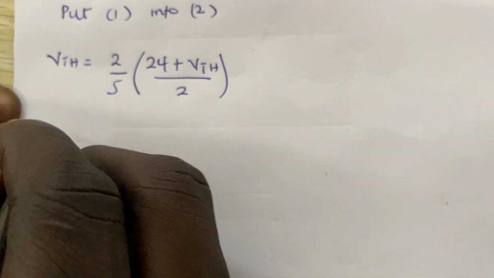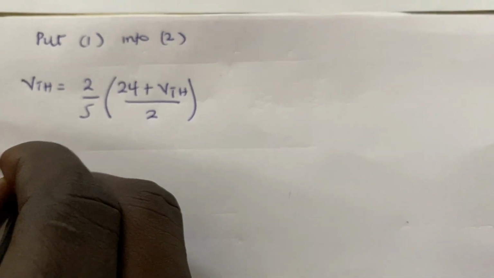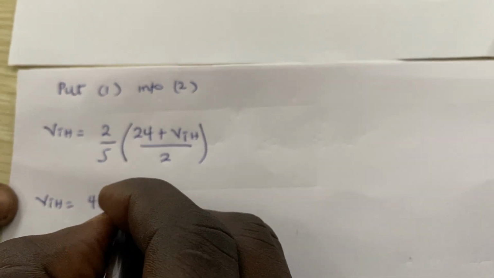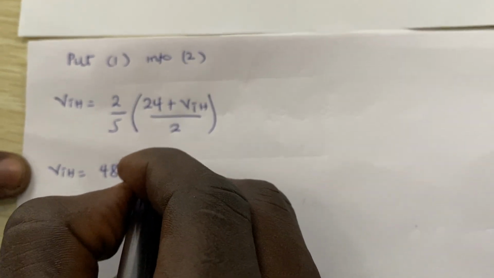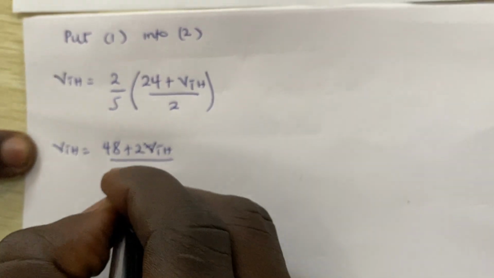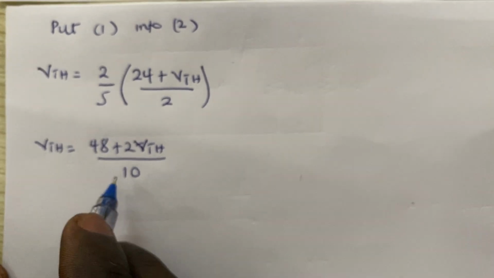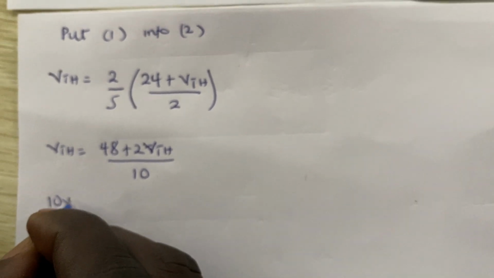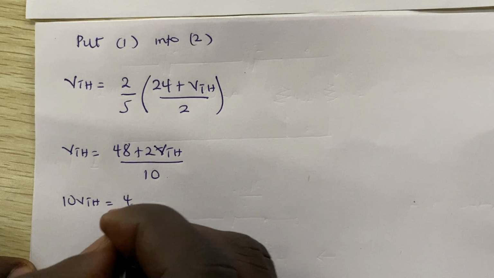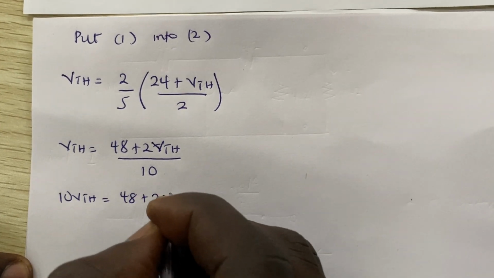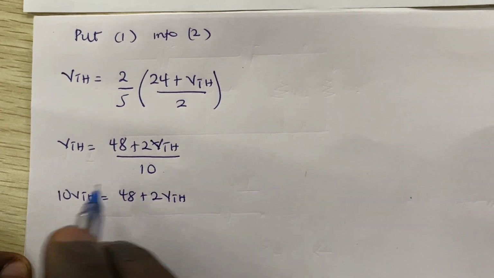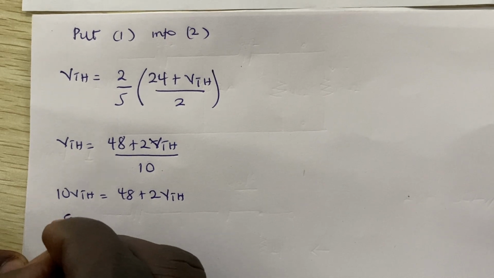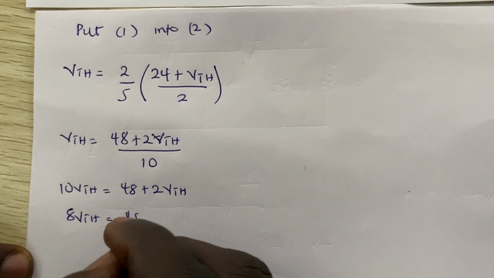And multiplying this, we are going to get VTH is equal to 48 plus 2VTH divided by 10, right? We cross multiply this to get 10 VTH is equal to 48 plus 2 VTH. Now we can subtract this from this to get 8 VTH, and then it's going to give us 48.